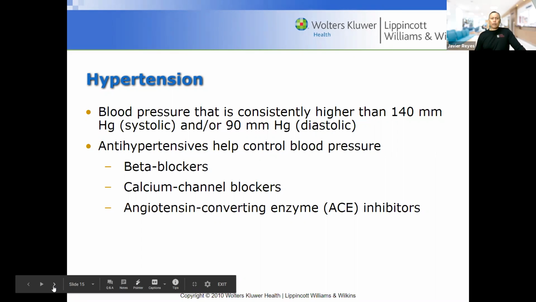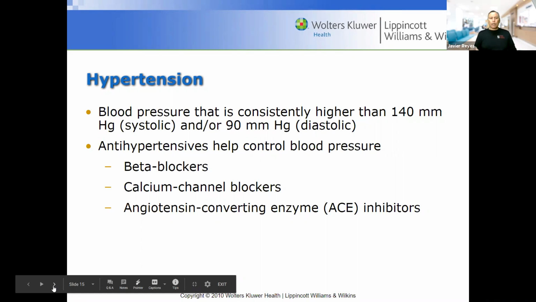Now, for the rest of us that are not in great physical condition, okay, your heart has to pump, usually at least over 100, but it shouldn't be over 140. Over 140 is considered hypertension or high blood pressure. So now there are parameters. Some patients run high blood pressures more than others. So we always have to make sure that we compare the readings to them, okay? Everybody's different.